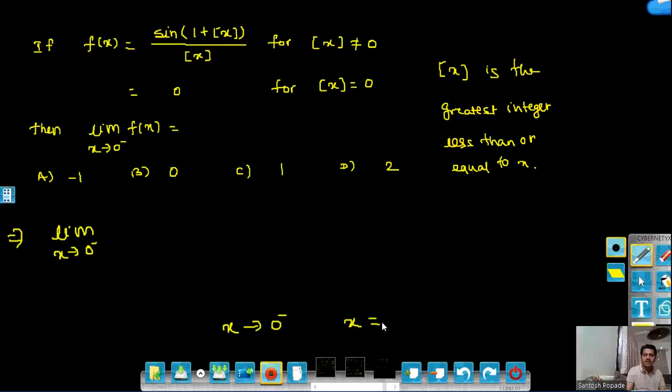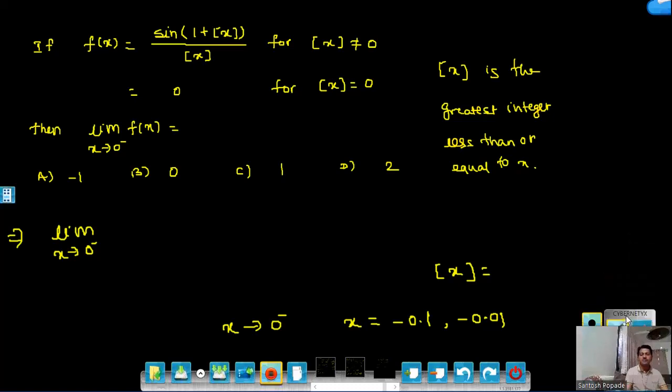x tends to 0 from the left side. It means I just told you that x is negative and x is very close to 0. In particular, if I take x to be -0.1 or -0.01, then its bracket value will be -1.